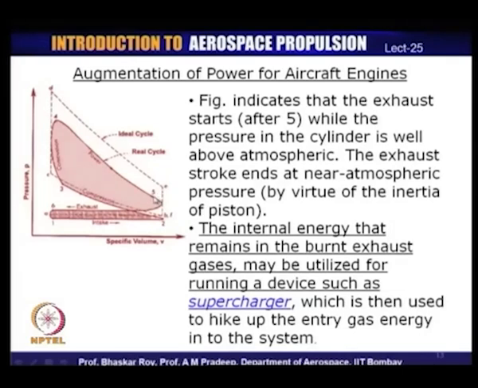Now, you realize the aircraft has gone to high altitude, so the atmospheric pressure is rather low. So, the exhaust stroke, which ends near atmospheric, by virtue of the inertia of the piston motion, happens at a lower pressure.